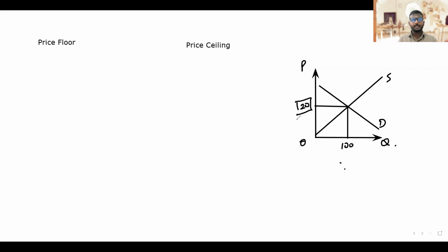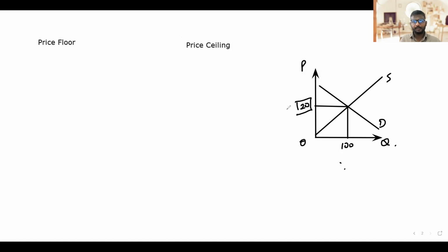And price floor means whenever this market price is unfair to the producer, government will step in and set an artificial legal minimum price to protect the producers. That's called the price floor.